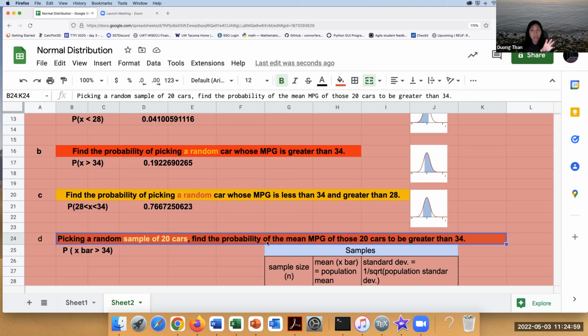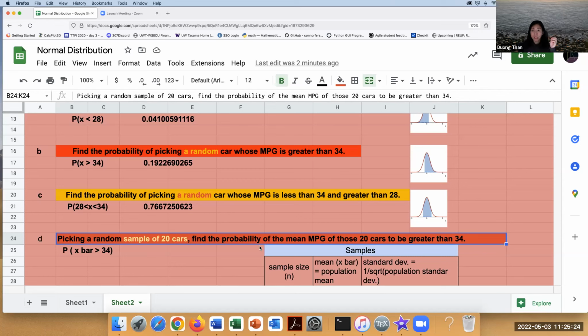Okay, so the mean of the sample, you're picking a sample of size 20, and you find the miles per gallon of each of the cars, and you take the average of the 20 cars, right? And then you want to figure, okay, so now I have the mean of the sample. Can I figure out the probability that the mean of the sample is greater than 34? The answer is yes.